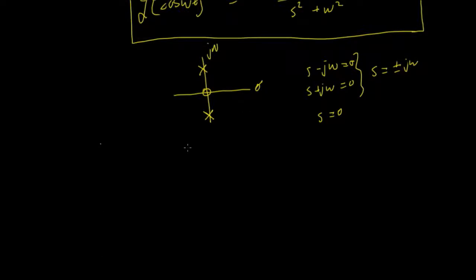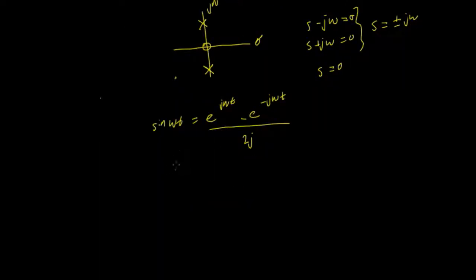So we know we can write sine omega t equals e to the j omega t minus e to the minus j omega t all upon 2j. As in the previous example, we can replace our value 1 with 1 upon 2j.